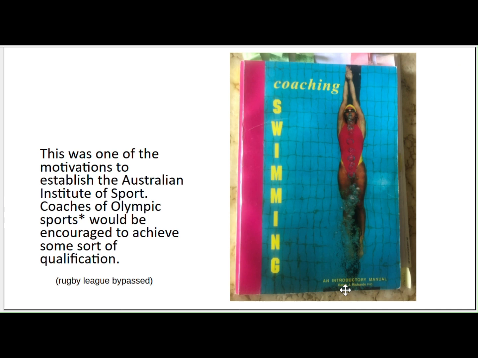So that happened. There was one of the motivations to establish the Australian Institute of Sport. Coaches of Olympic sports would be encouraged to achieve some sort of qualification. So the information we were getting from the rest of the world, we had to try to take that on board and disseminate it to all our sports coaches.